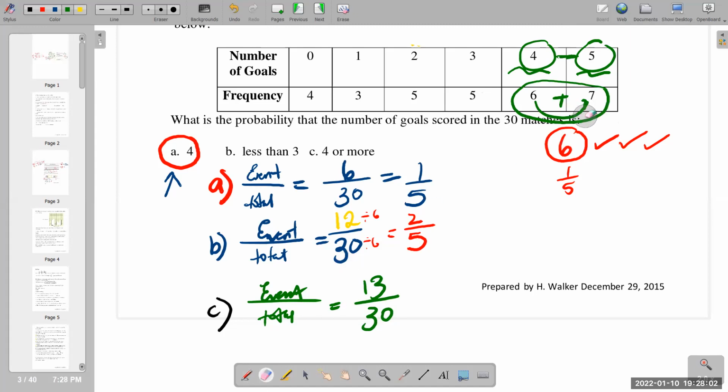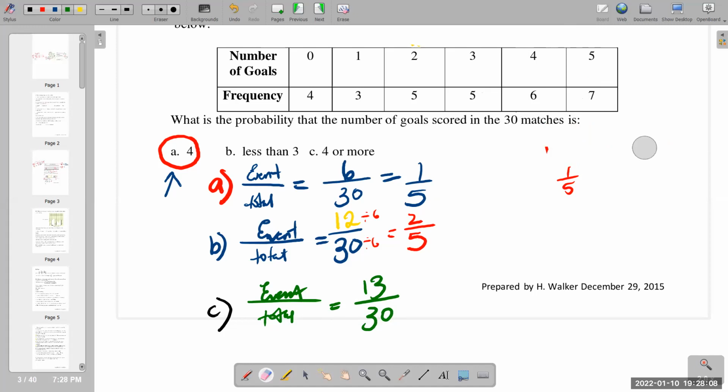What type of number is 13? These are the things you need to know. 13 is a prime number. That means 13 only has 2 factors, 1 and itself. Anytime you have a prime number, it could never break down because prime numbers have nothing in common with any other number. Everybody with me? This is basic maths.